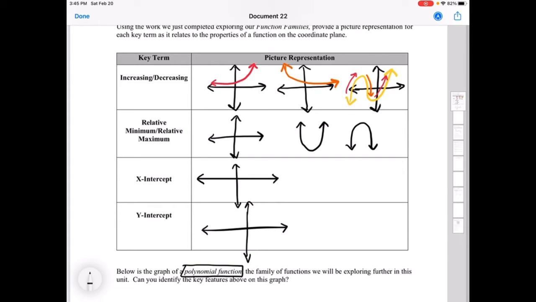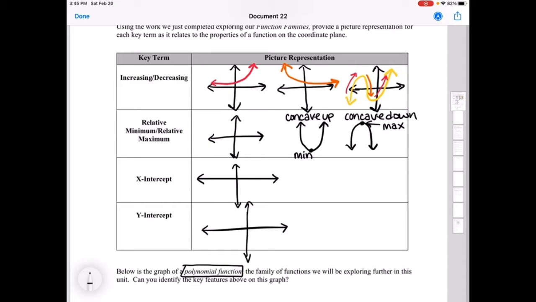And they had either a maximum or a minimum. So this is a concave up, and when that's the case, this is an absolute minimum. And this is concave down, so this, at the top, is going to be the absolute maximum.